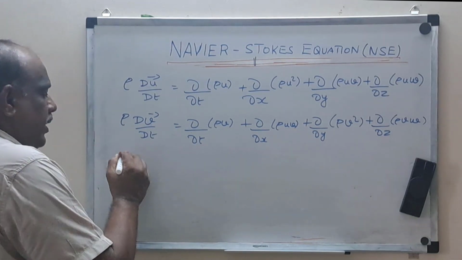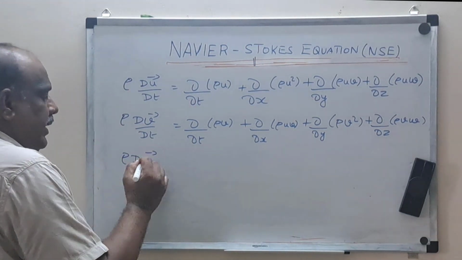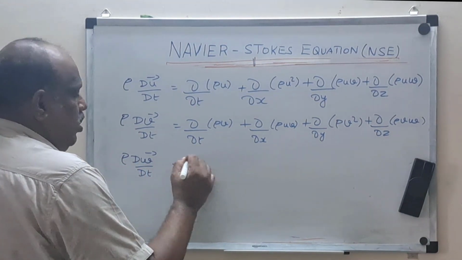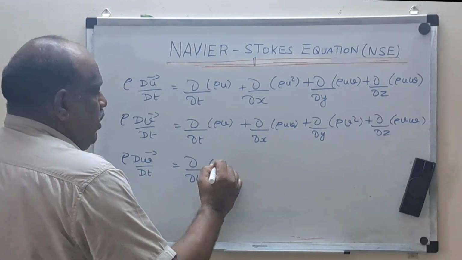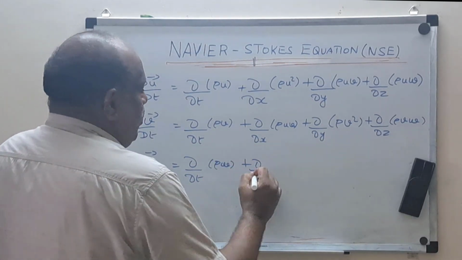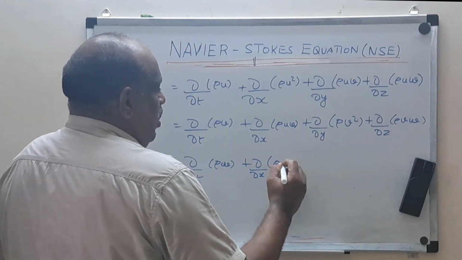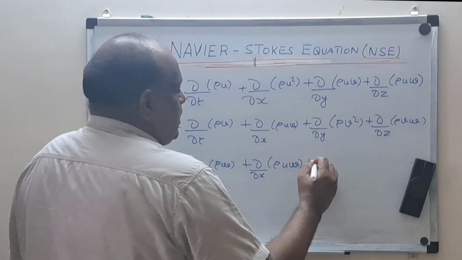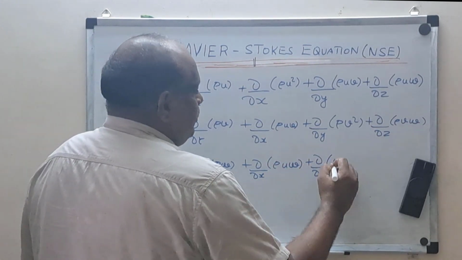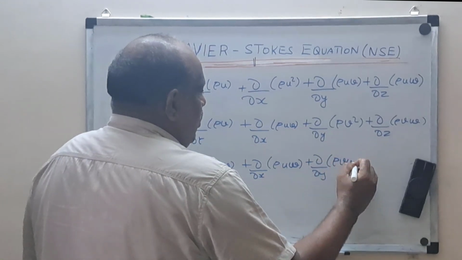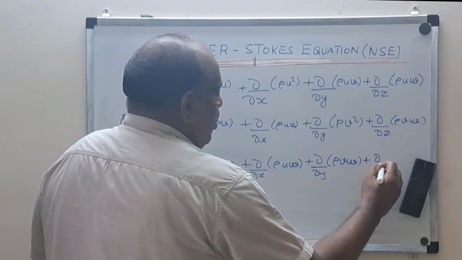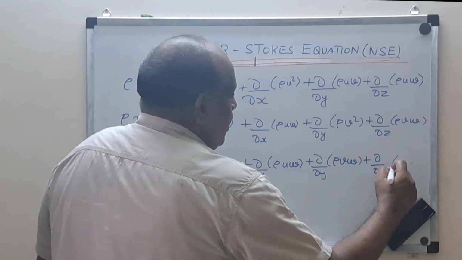Similarly, we can write ρ dw/dt as ∂/∂t of ρw plus ∂/∂x of ρuw plus ∂/∂y of ρvw plus ∂/∂z of ρw squared.